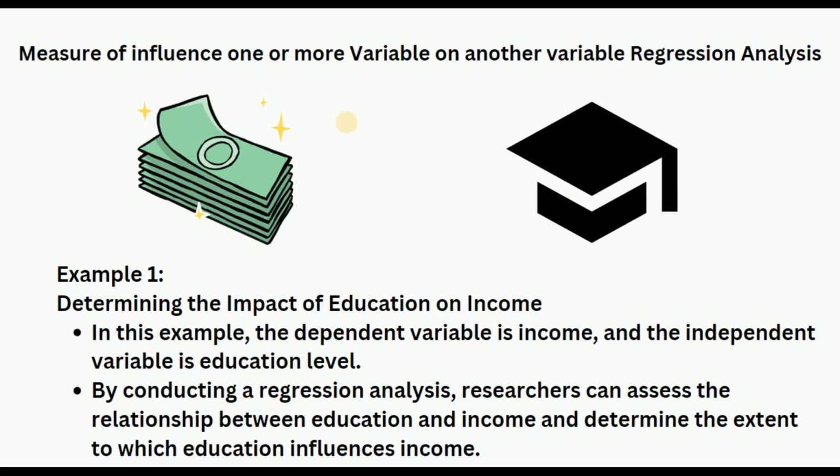By conducting regression analysis, researchers can assess the relationship between education and income and determine the extent to which education influences income. The independent variable here is education. We can determine the influence of education on income with these two variables.